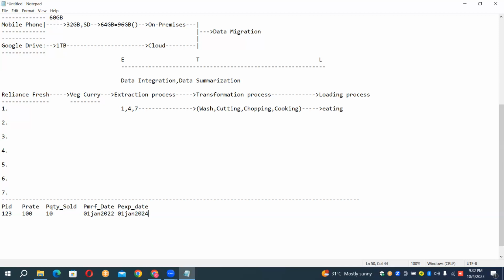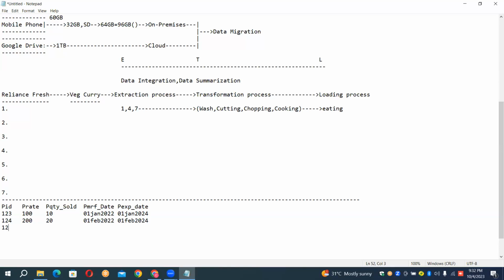Likewise, you have 104, another product, where the rate of the product is 200 and the quantity sold is 20. The date of manufacture of this product is 1st February 2022, and the date of expiry is 1st February 2024.